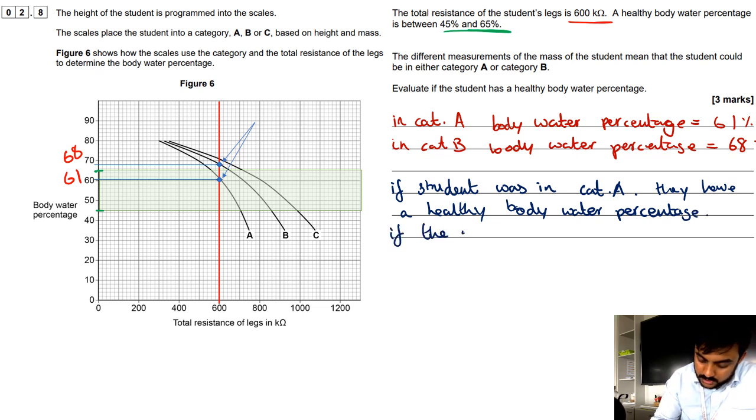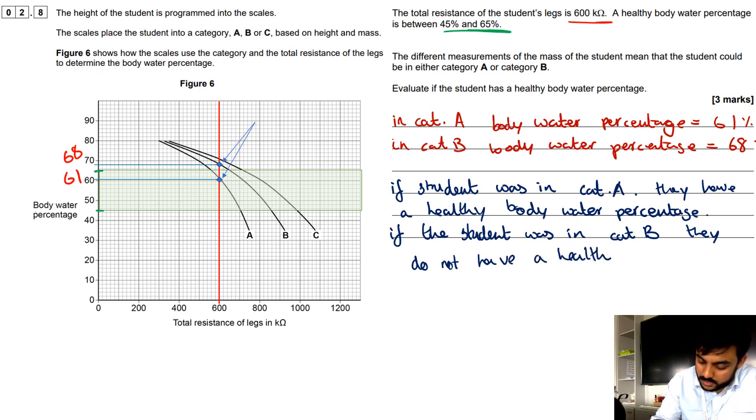If the student was in category B, they do not have a healthy body water percentage.